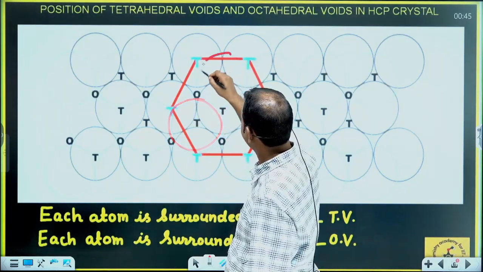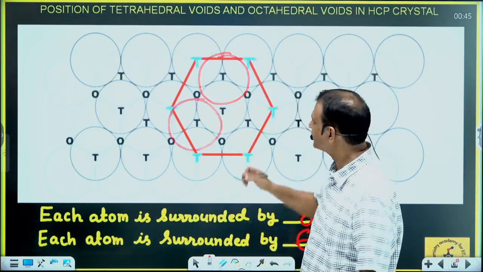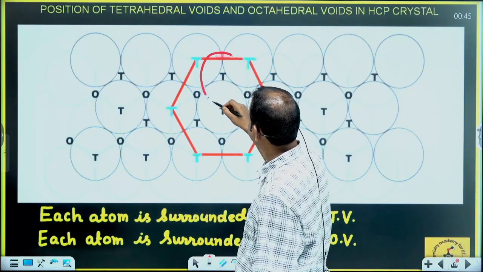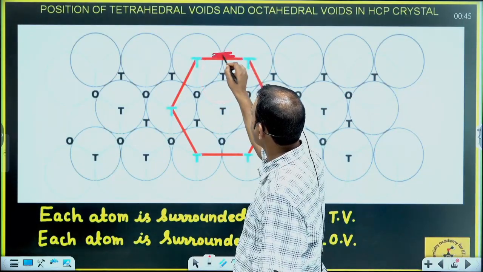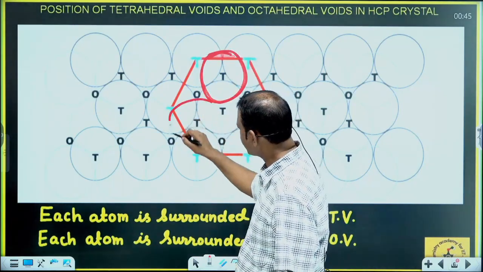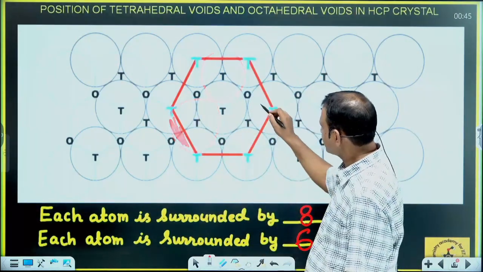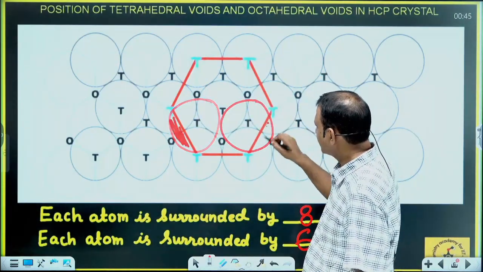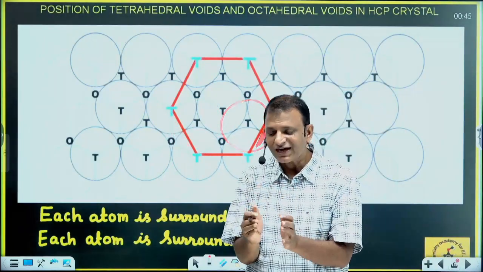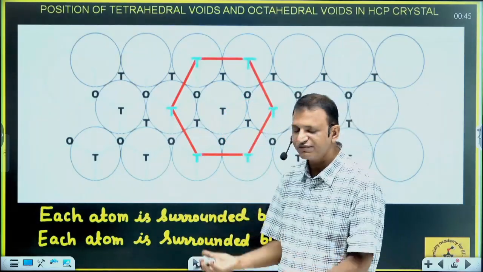So the centers of all these 3 atoms are inside the hexagonal prism, right? But you can check here that this portion is outside the hexagonal prism. Some part of this atom is outside the hexagonal prism. Similarly, some part of this atom is also outside, and some part of this atom is also outside the hexagonal prism. But the number of atoms per unit cell is not going to change. Why is it not going to change?